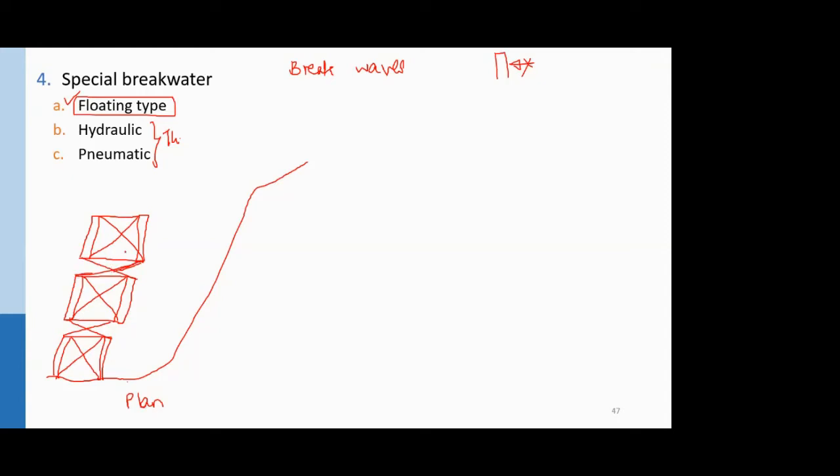In the initial stage, you will not get the idea of what it is actually like. So if I cut out a section of this, I'll draw the sectional view over here. The section looks something like this. You have a seabed. This is your seabed.